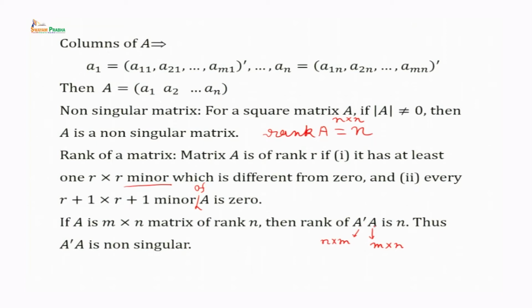So, the order of A transpose A is n cross n, and if the rank of matrix A is n, and this n is less than or equal to m, then A transpose A is non-singular, since its rank is n.